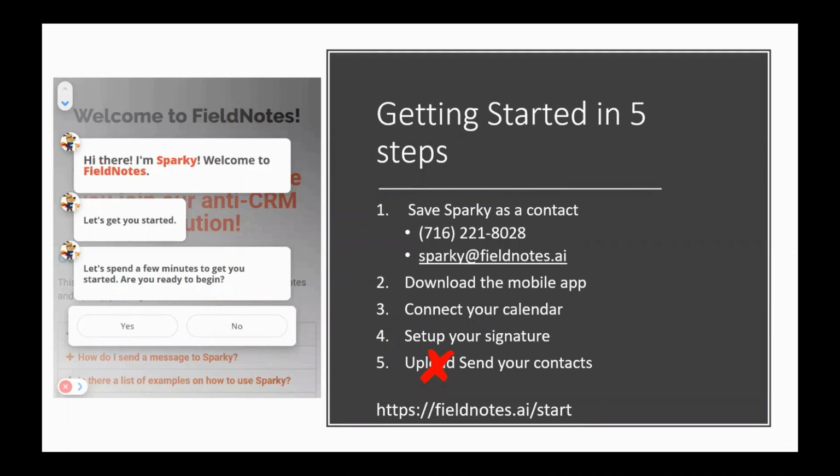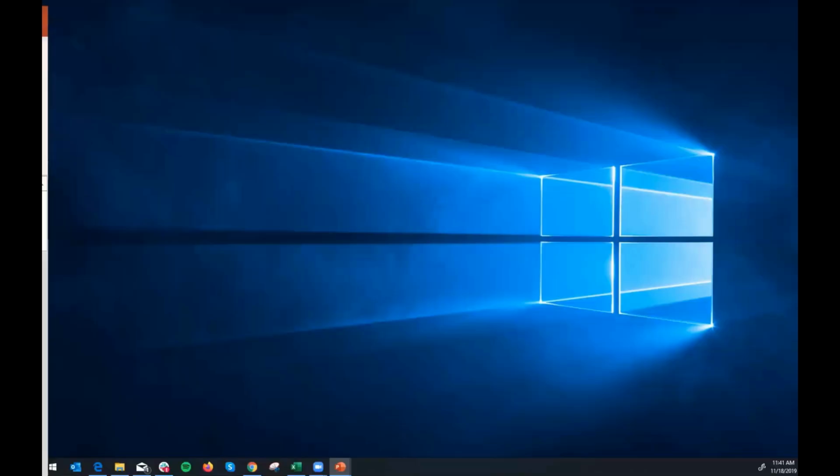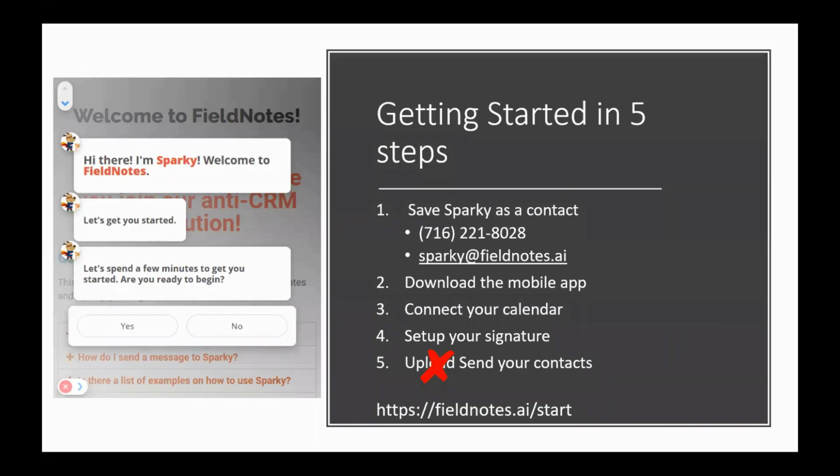If you wanted to download the app on your phone so you can view it on both platforms, you can just search for FieldNotes Ai in the App Store. And then we'll go into details on how to connect it with your calendar and set up a signature as well. Perfect. So if everyone's in, I want to go through steps 3 and 4, which is syncing Sparky with your calendar and setting up the signature.